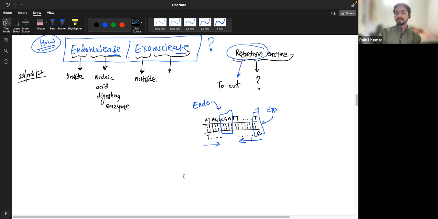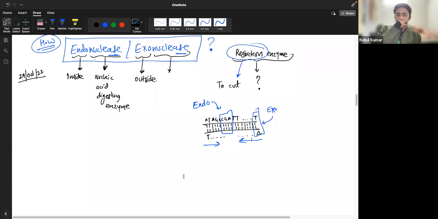Exonucleases cleave the DNA from the sides, from the exposed regions. Endonuclease can cut DNA from anywhere in the middle. Both of these work on the principle of sequence recognition.